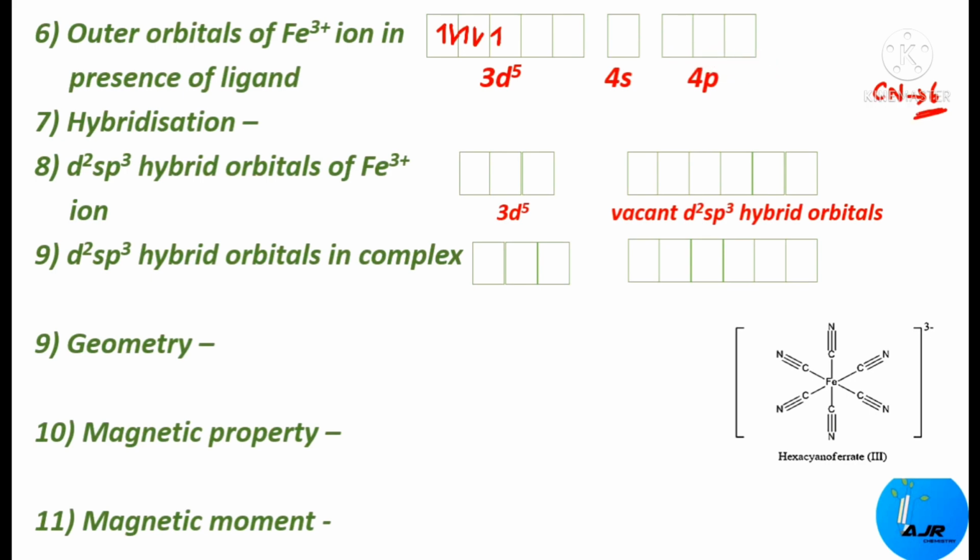The CN will also have orbitals, and these should be equal in energy with the orbitals of the central metal ion. In such a way, these orbitals will get hybridized.